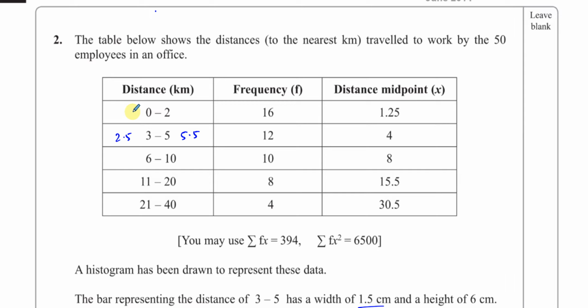So this is actually from 0 to 2.5. And halfway between 0 and 2.5 is 2.5 divided by 2, which is 1.25. Just a little point. We didn't actually have to use that at all in this question, but just to explain why that's 1.25 in case you were wondering.